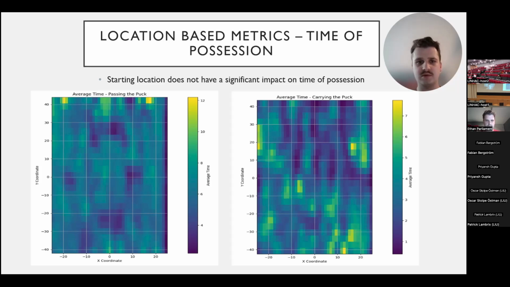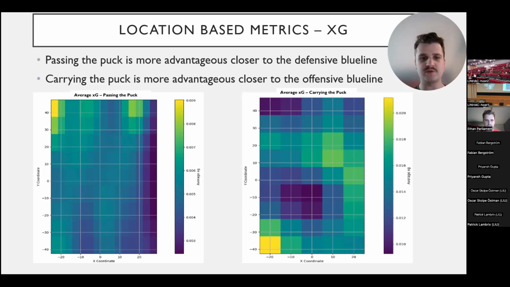On the other hand, expected goals does show some clear trends for passing the puck and carrying the puck. As we can see, for passing the puck, we get some higher values the closer you are to your own blue line. As you get closer to the offensive blue line, this average expected goals decreases.